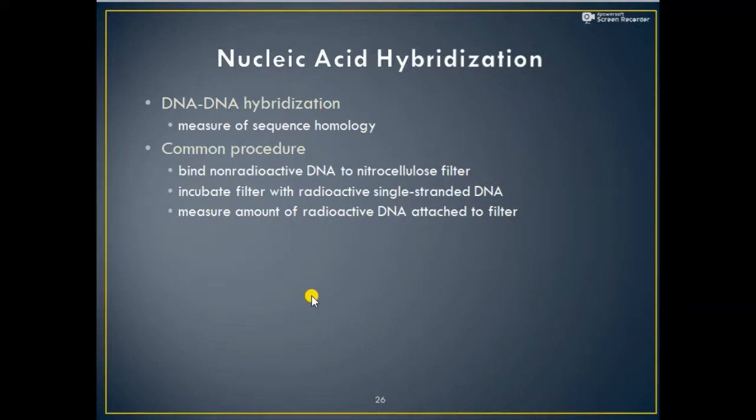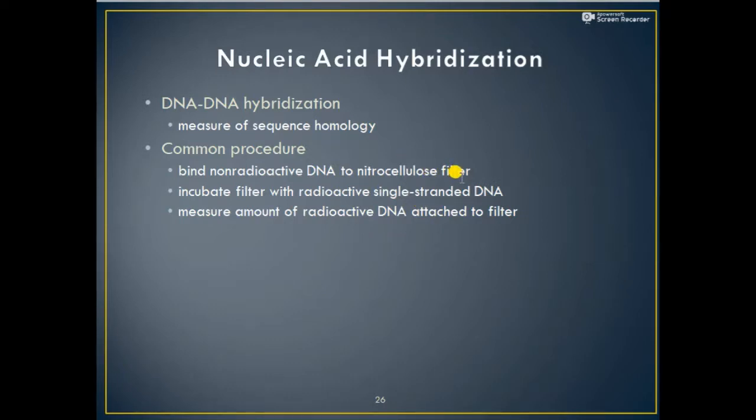What you do is you take DNA and convert it into a single-stranded one by denaturing it, either by heating or by chemicals. You convert it into single-stranded, and you bind the non-radioactive DNA to a nitrocellulose filter. So the single-stranded DNA which you put is transferred to another membrane called the nitrocellulose filter.